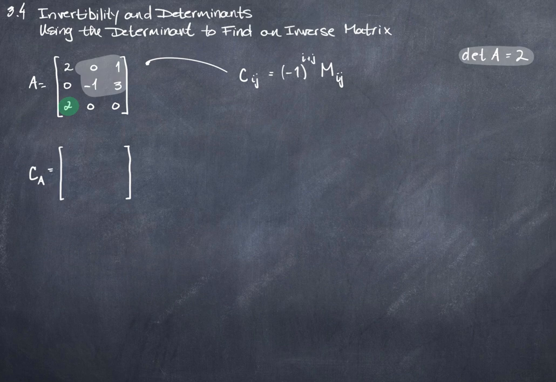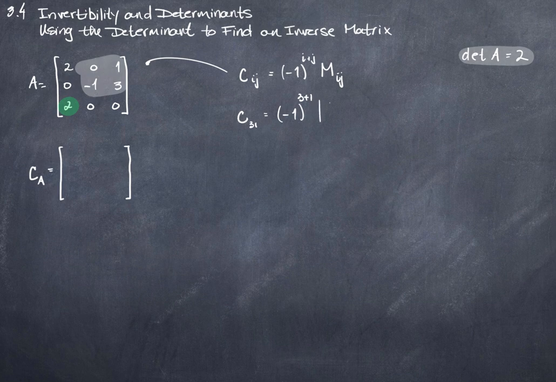The cofactor of 2 is the cofactor of the entry in position row 3, column 3. Sorry, column 1. Row 3 down here, column 1. That's going to be 3, 1. That's equal to -1 to the power of 3 plus 1 times the minor. And the minor is still, as it was a minute ago, the determinant of this submatrix.